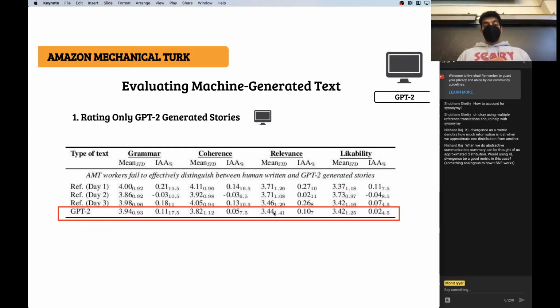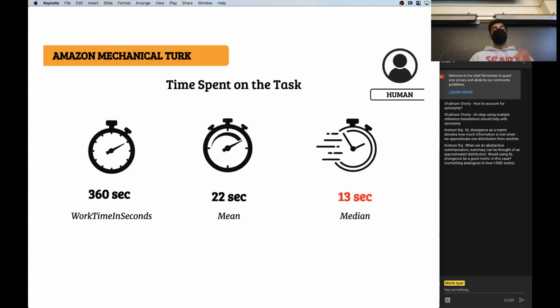The relevance was also just slightly lower than that of the references, and the likability was roughly the same. So these workers, granted, likability is not a great metric, but they liked the machine-generated stories about as much as they liked the human references. So we saw these results, and we were a little confused because from reading these stories carefully, it is very clear that machine-generated text is not anywhere near as good as human-written text.